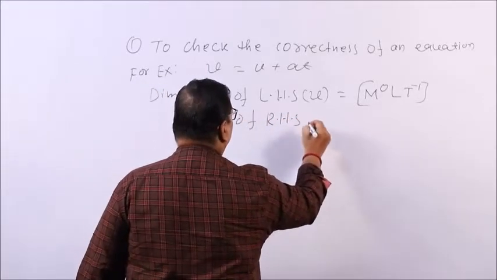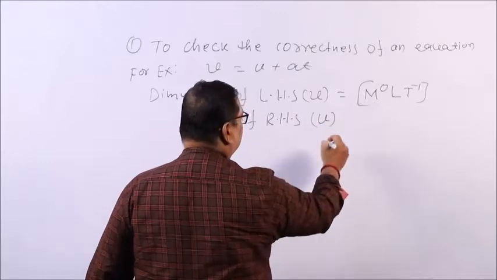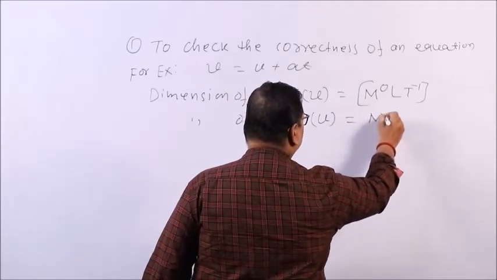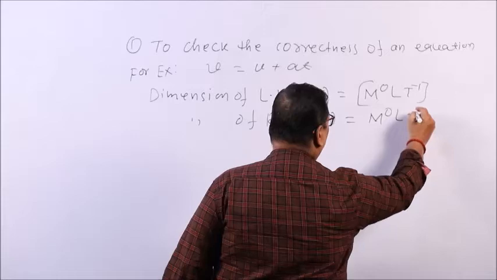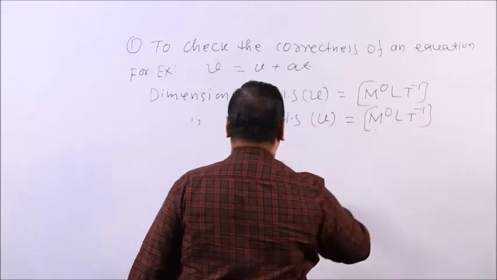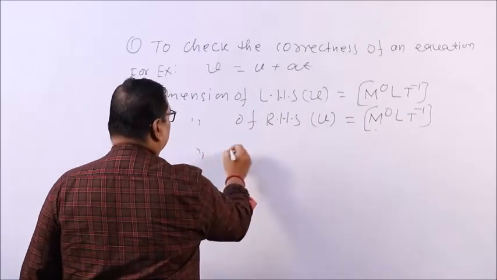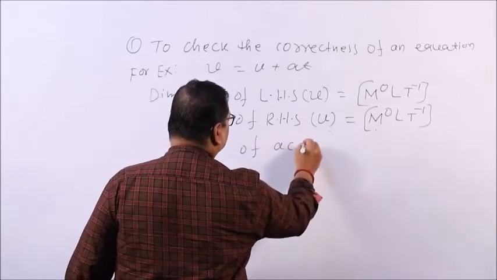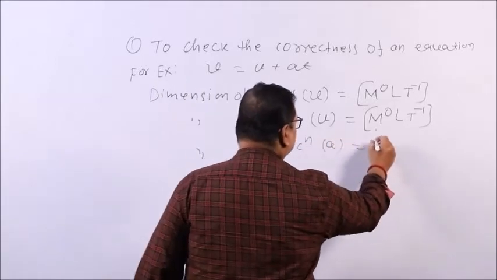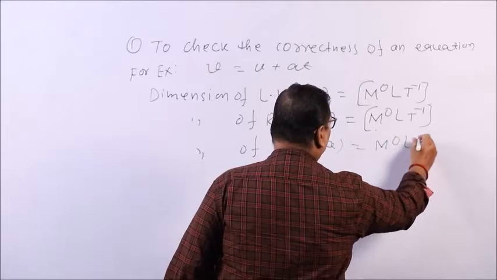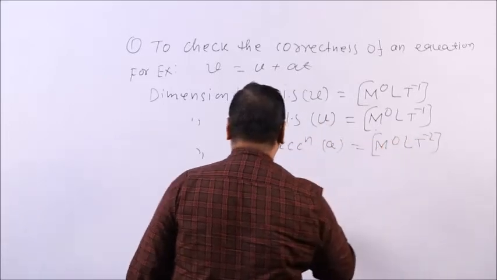the RHS. First, U is initial velocity, so its dimension is also M0 L1 T minus 1. Then the dimension of acceleration A is M0 L1 T minus 2.